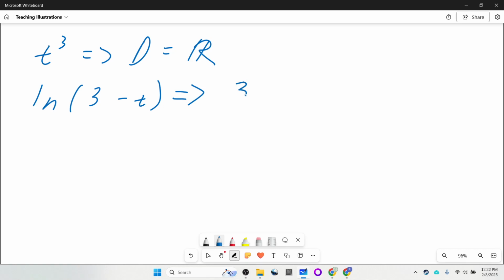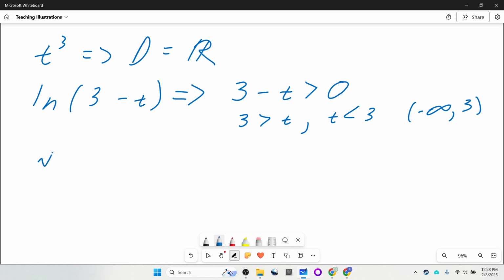So we want 3 minus t to be strictly greater than 0. And that means 3 is greater than t, or t is less than 3. The arrow is pointing at t in both cases, so these are the same thing. If you want to put that in interval form, it's negative infinity to 3.